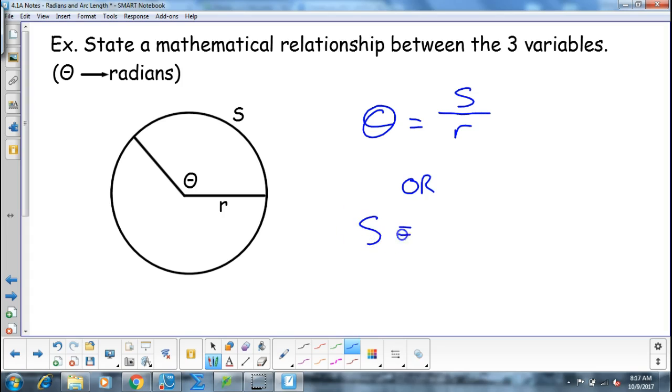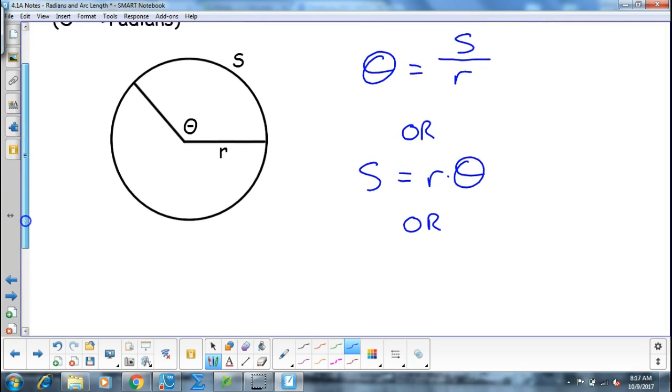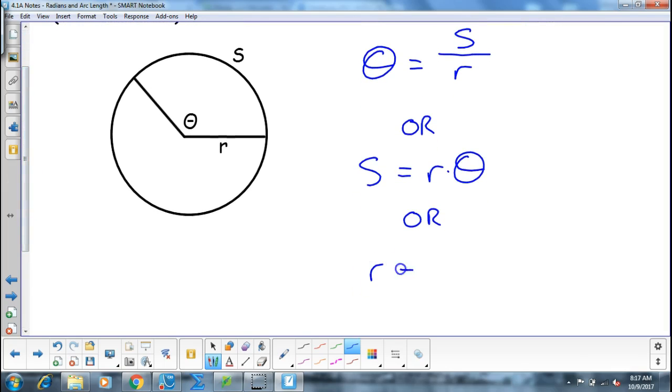So S equals R times theta. I like it. What if I wanted to solve for R? S over theta.